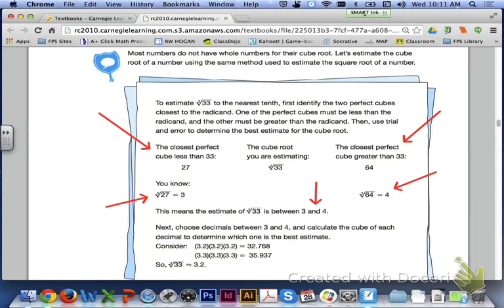So again, we are choosing decimals between 3 and 4 and calculating the cube of each decimal to determine which one is the best estimate. In this case, we can see that 3.2 cubed gives me 32.768, which is as close as I can get to 33. So I know that the cube root of 33 is approximately equal to 3.2.